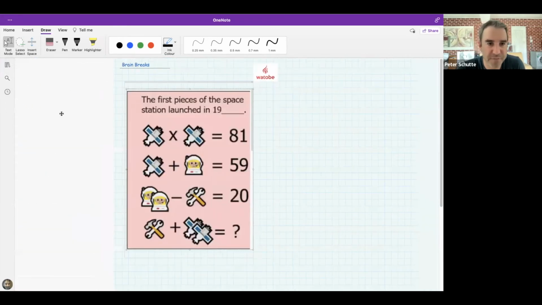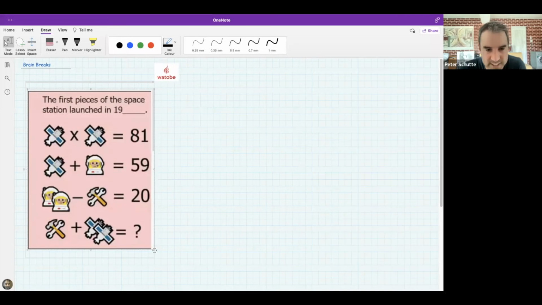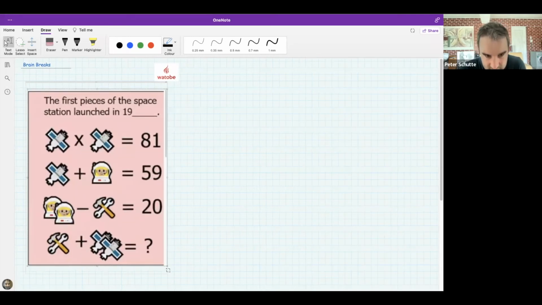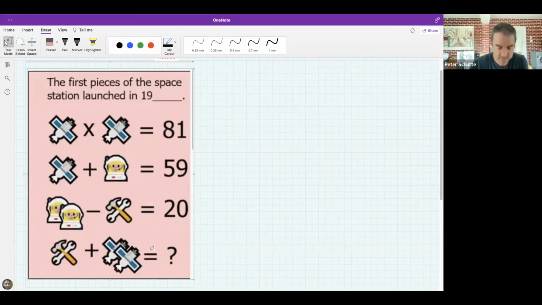So the first pieces of the space station launched in who knows what. This puzzle will help you figure out this information. So when was the first piece of the space station launched? You have to figure out this problem.